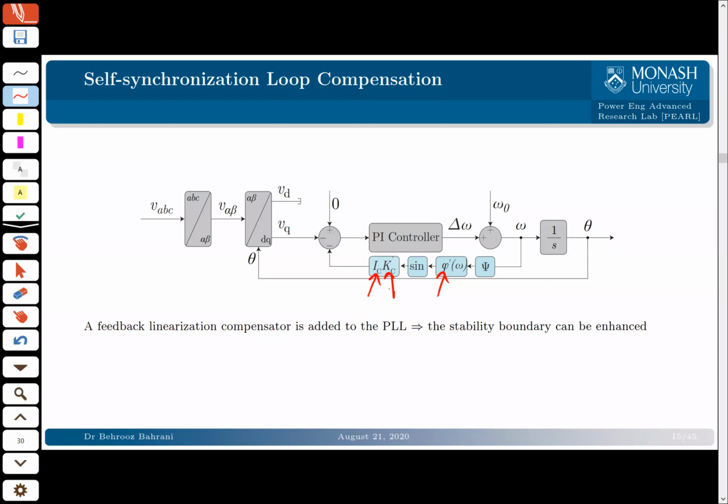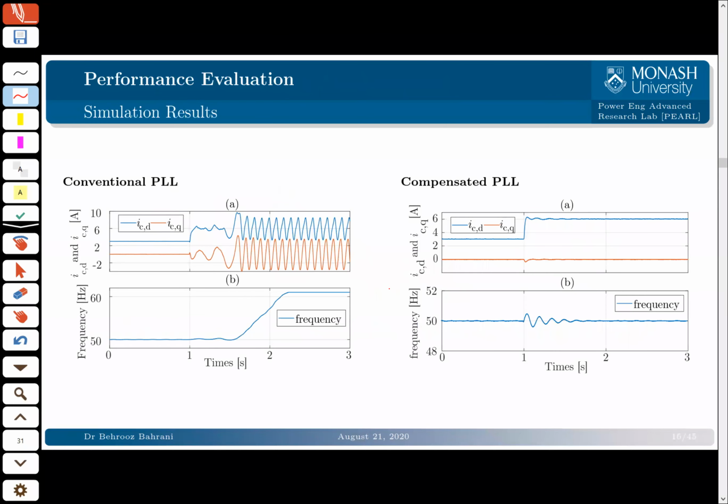Either you know where you're getting connected to, and you probably know the SCR and X/R ratio of the grid at that point, which is a common index. Or if you have no idea about the grid, you could do some sort of identification to find out the grid impedance, so that you can put it into this compensator and compensate for the self-synchronization loop in order to increase the stability margin of your system.